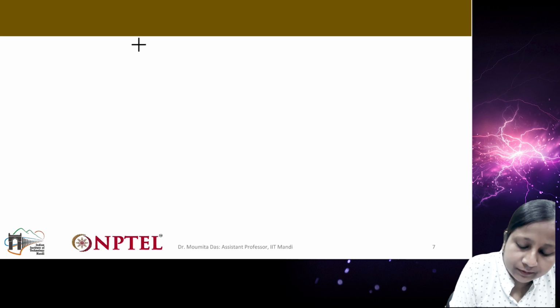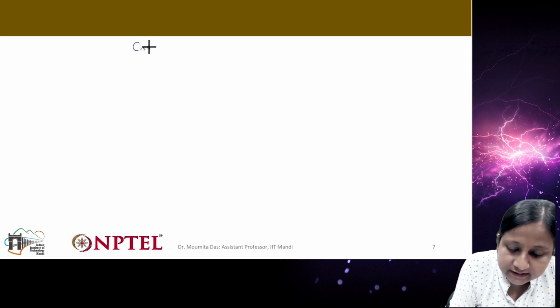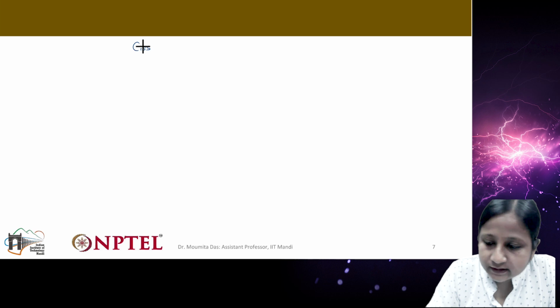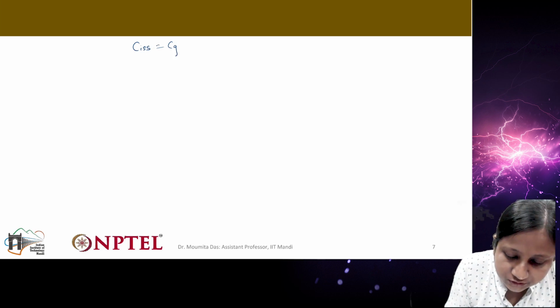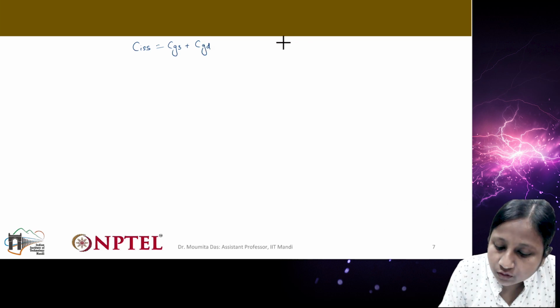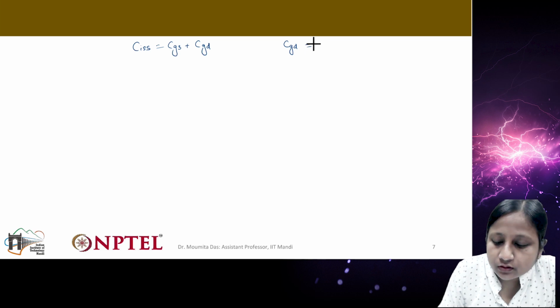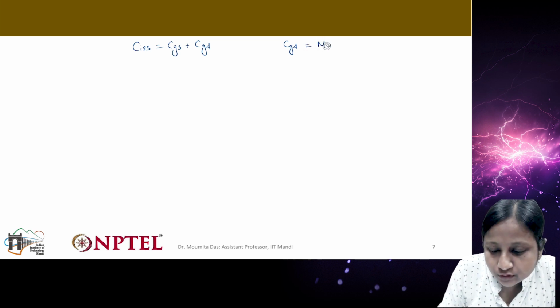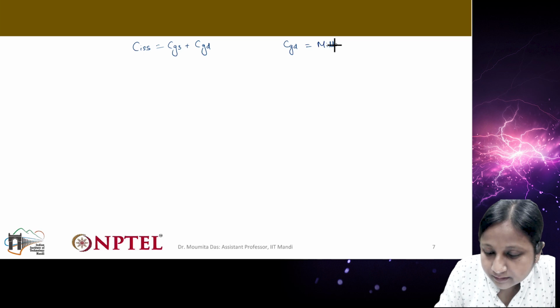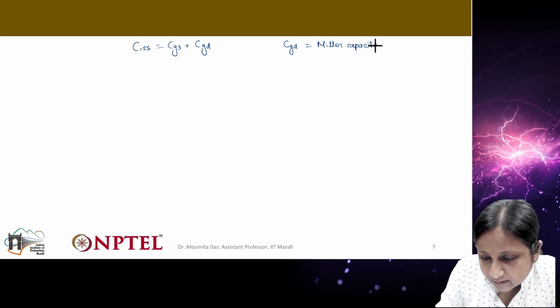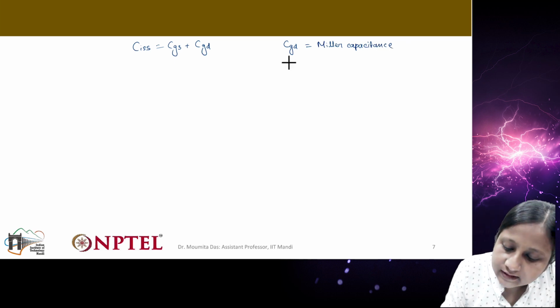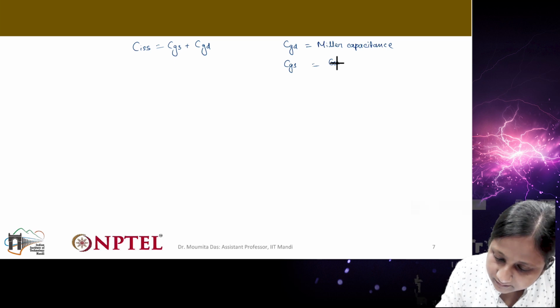Similar to the previous case, CISS, as you know, is the combination of CGS plus CGD. You already know CGD is known as the Miller capacitance, as I told you in the previous slide, and CGS is known as the gate capacitance.